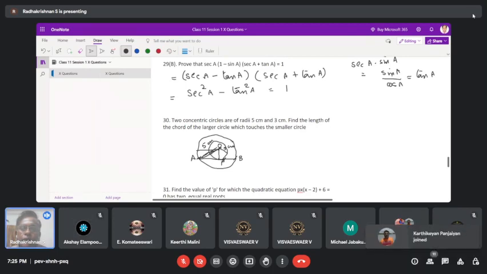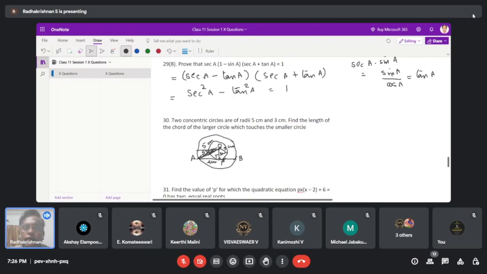So AO is also a radius. AO is 5 centimeter, and OP is 3 centimeter. OP is a radius of the smaller circle, OA is a radius of the larger circle, and this makes 90 degrees. So you can apply the Pythagoras theorem. The 5 centimeter is the hypotenuse, 3 centimeter is one side. Therefore, this is 4 centimeter.